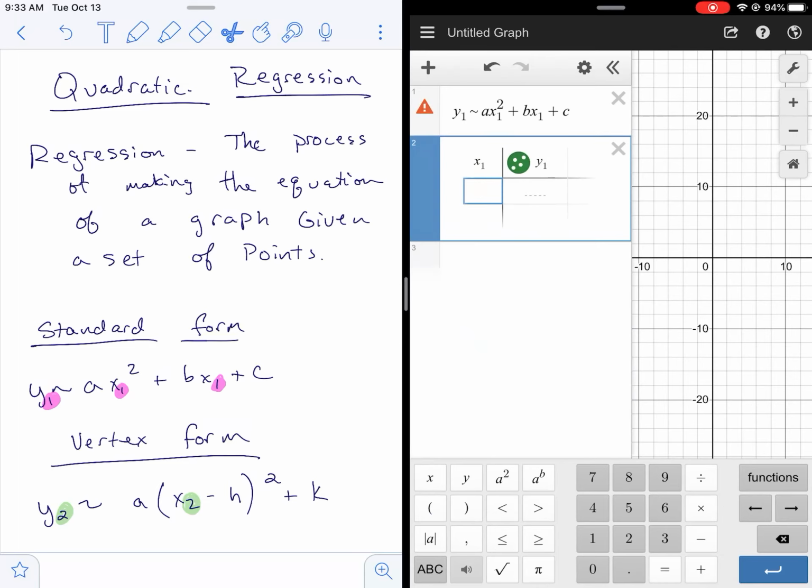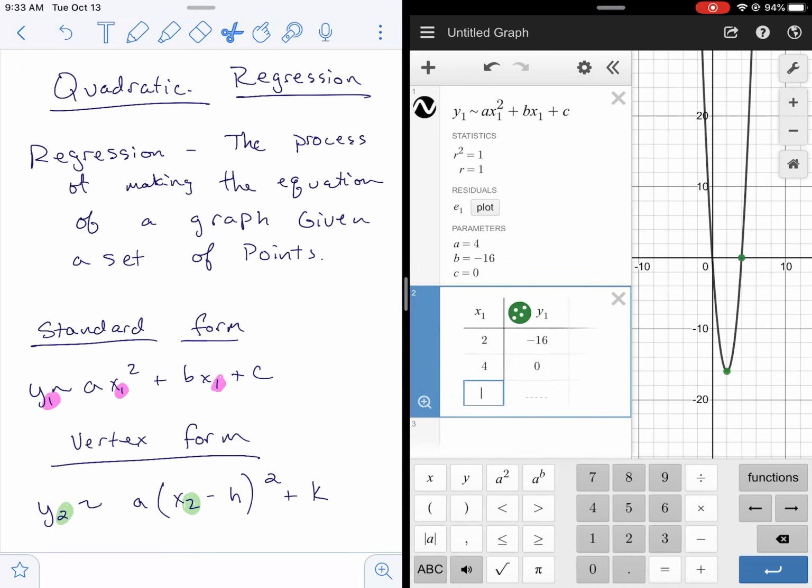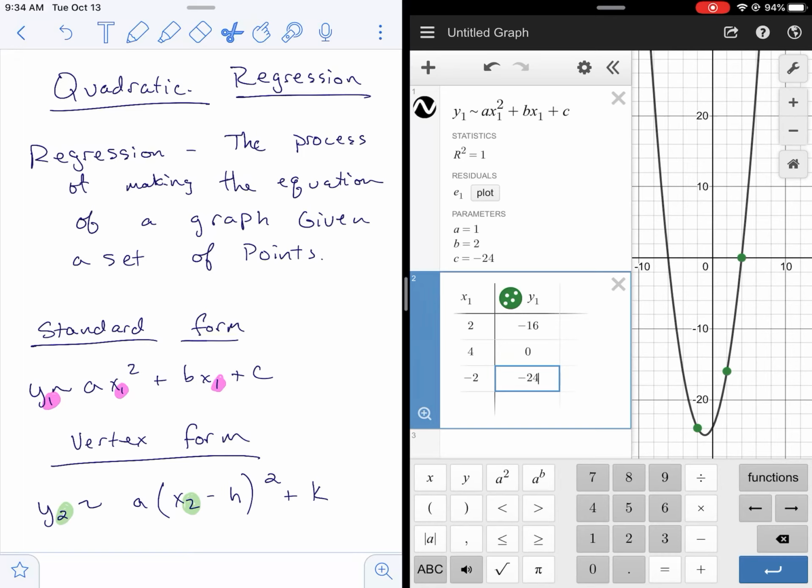So I'm going to try one here. 2, negative 16. Now you're going to see the graph hop around and guess. When you have 3 points or more, it's going to know then where. Until you have 3 points in, it's just guessing. Now, what you see underneath the equation here, it says parameters.